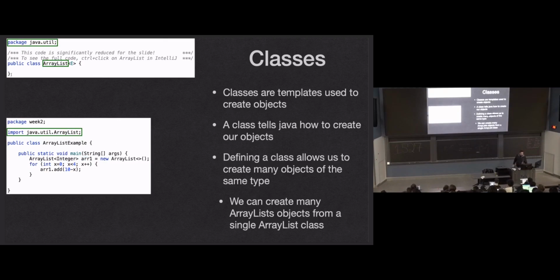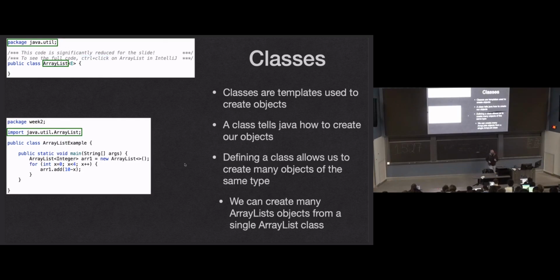I'm going to be using some of the code from the actual ArrayList class in Java. I'm going to significantly reduce the code. I'm going to show just a very, very small portion of the ArrayList class in the slides. But if you do want to look at the full code, either Control-click or if you're on a Mac, Command-click on ArrayList. So if I hold Command on my Mac and click ArrayList in IntelliJ, it's going to take me to the code that defines an ArrayList.